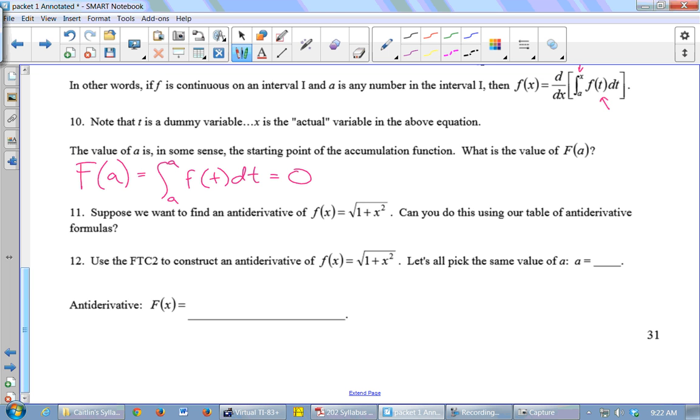All right, so suppose I want to find an antiderivative function for radical 1 plus x squared. Do we have any derivative formulas, any functions we know that have that as its derivative?